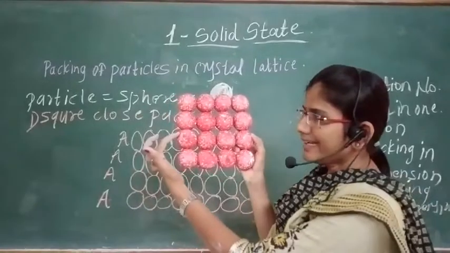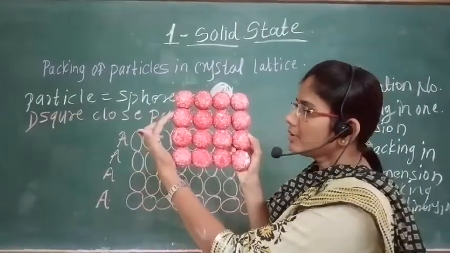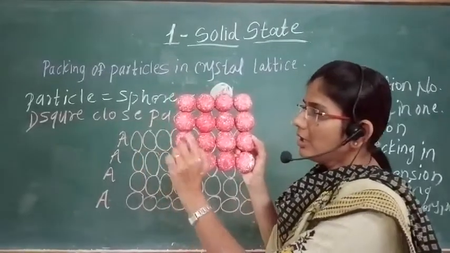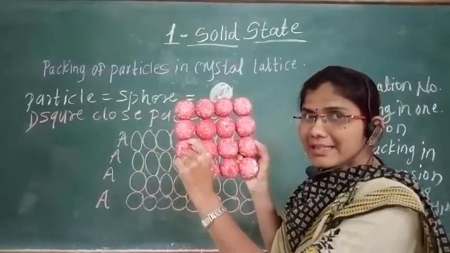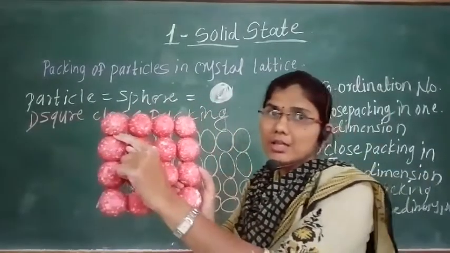Here the second row is stacked on the troughs of the first row. The third row is stacked on the troughs of the second row. The fourth row is on the troughs of the third row.